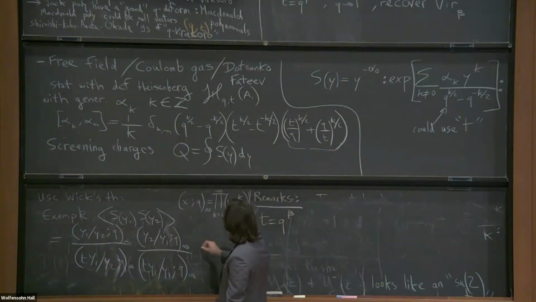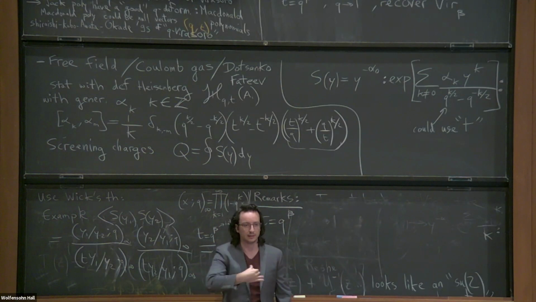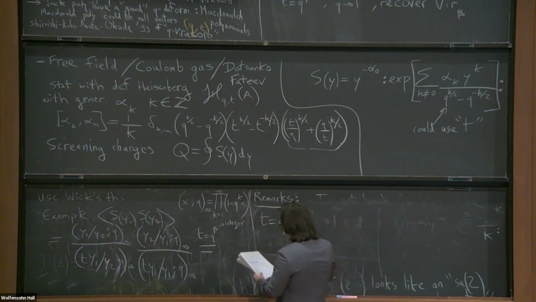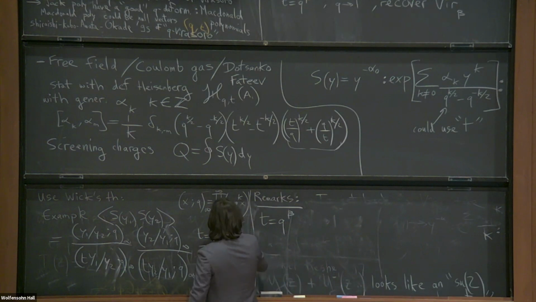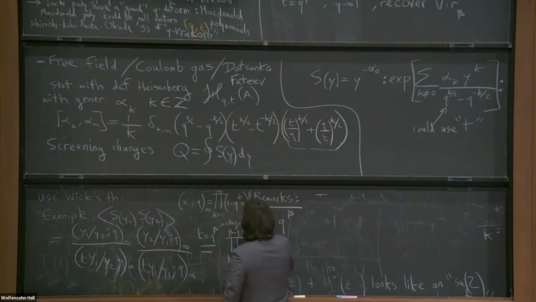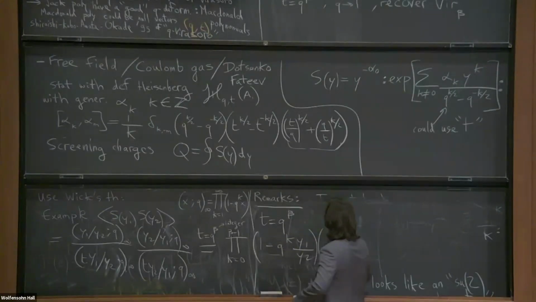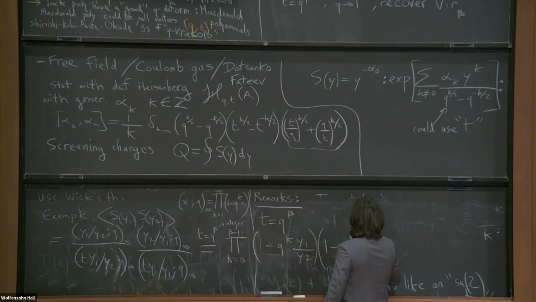So what is this equal to? If t equals q to the beta, with beta an integer, you don't have to take beta an integer in general. You have to analytically continue out of that value. But if you take beta an integer, this is equal to the product, to simplify, from k = 0 to beta minus 1 of (1 minus q^k y2/y1)(1 minus q^k y2 over y1).